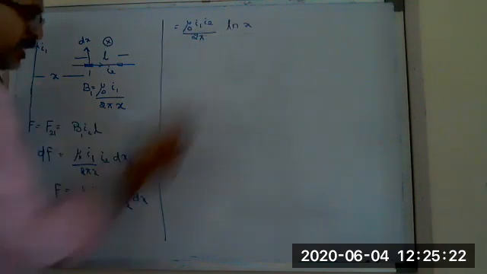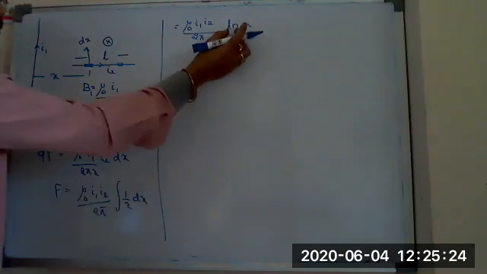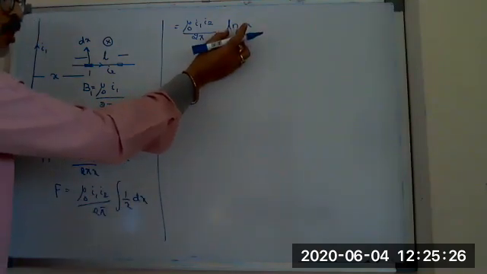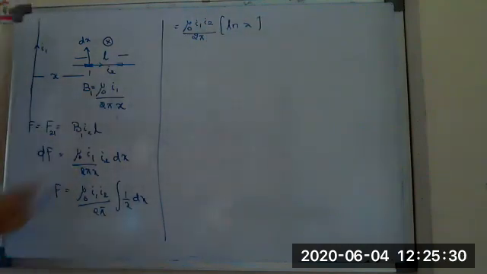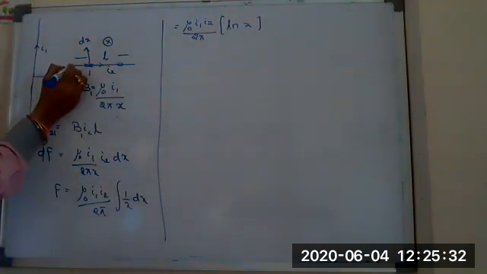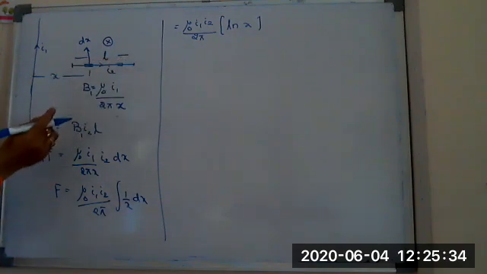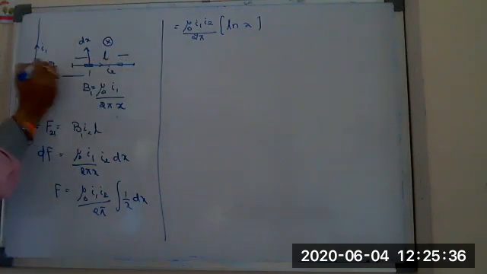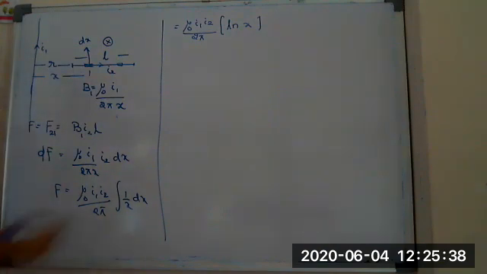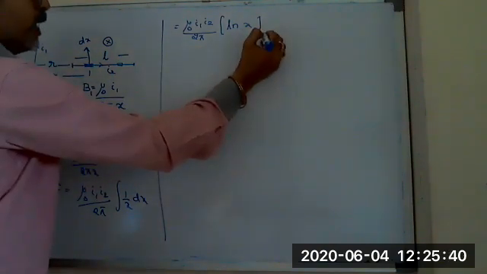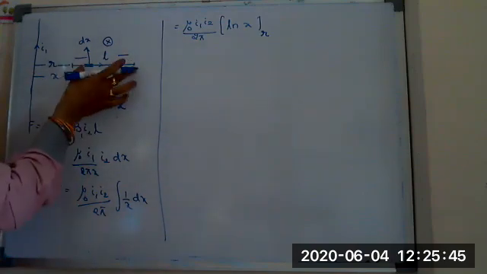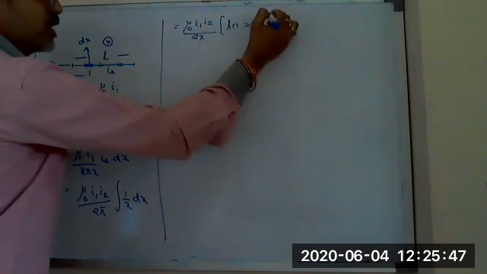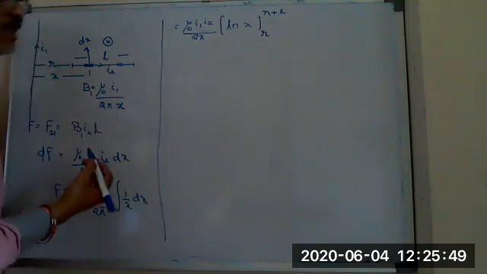Keep in mind, in integration you will always get log base e, which means ln. So for log x, in the limits from the first end to the last end, suppose the first end is at a distance of r; then the lower limit is r and the other end is at a distance of r plus l.